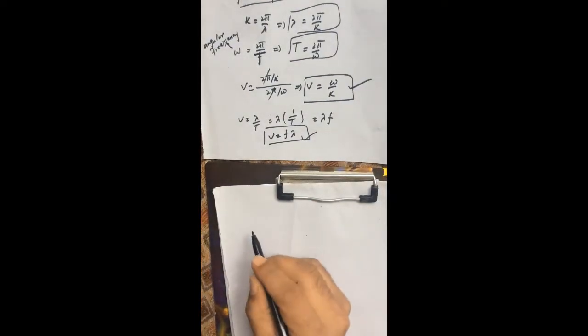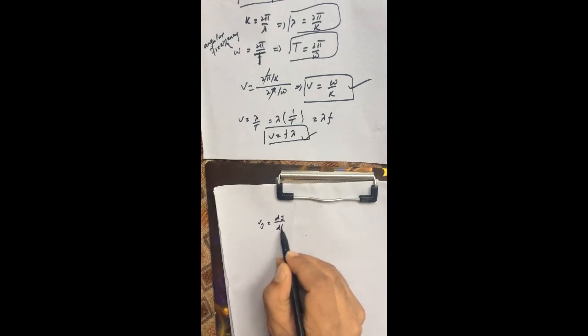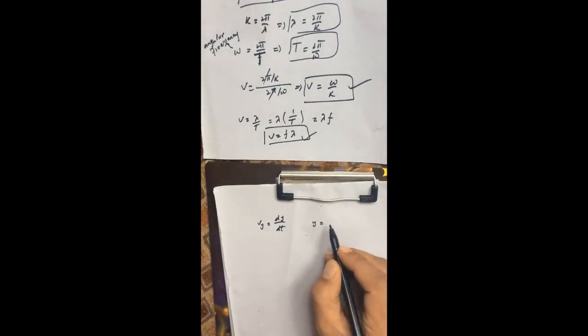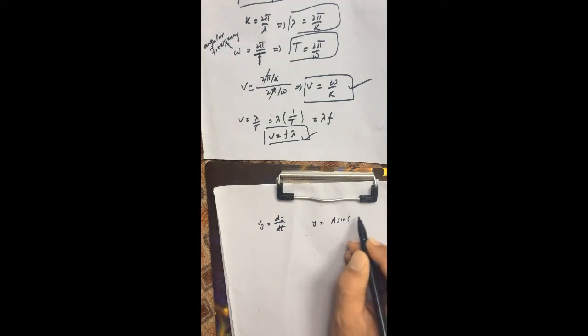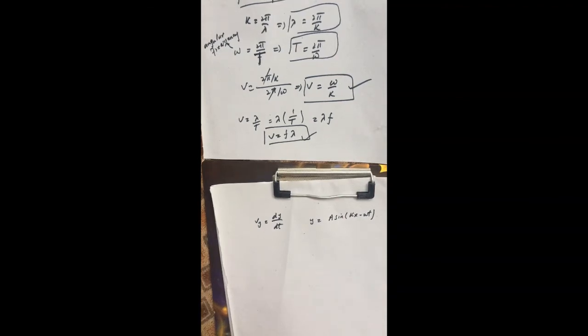Now the velocity of the particle, which we represent by Vy, is equal to dy by dt. Now y, which I already wrote, is A sine of (kx minus omega t). Why is it omega t?